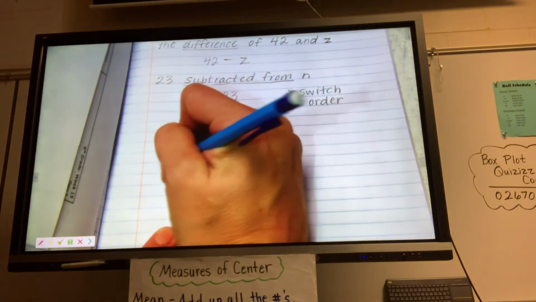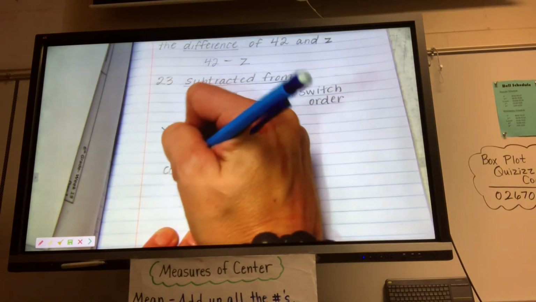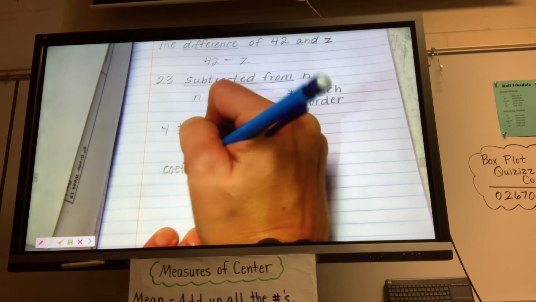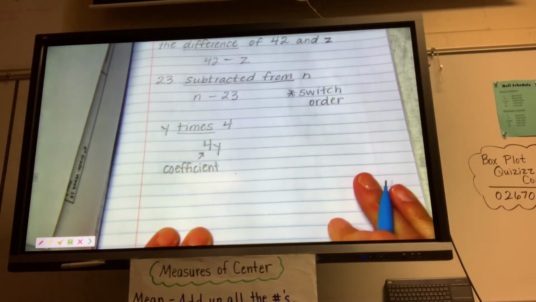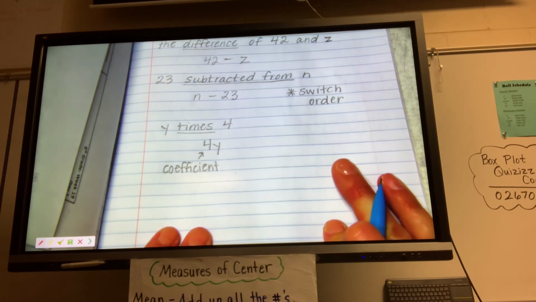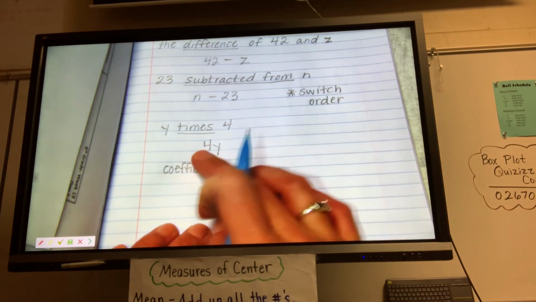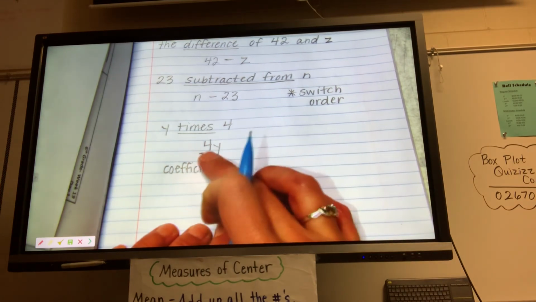Coefficient. Very good. Dang, I forgot about that special word. Coefficient. And the coefficient has to come first. If we said Y4, it sounds like bingo. B2. Sounds like bingo. We don't want it to sound like bingo. We don't want to copyright these. So we have to put the number first. Number first, then the variable.